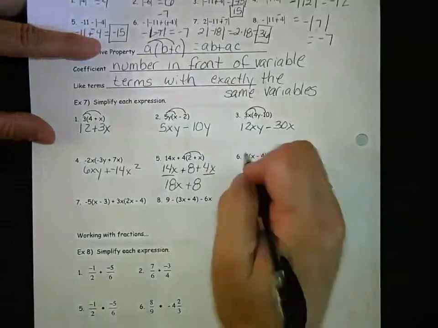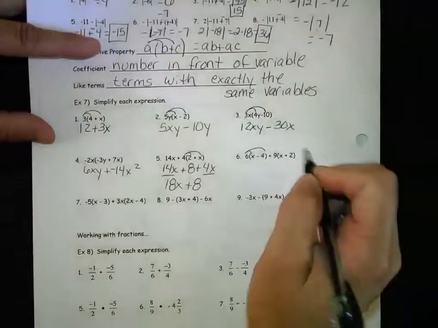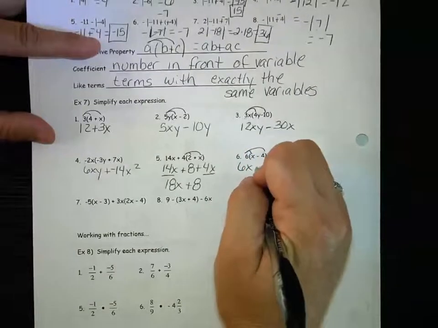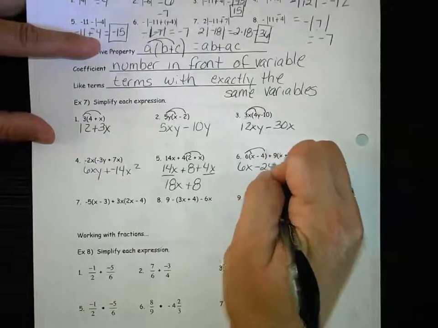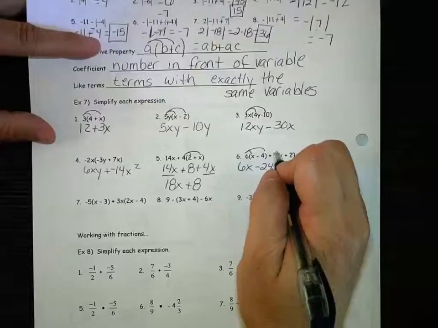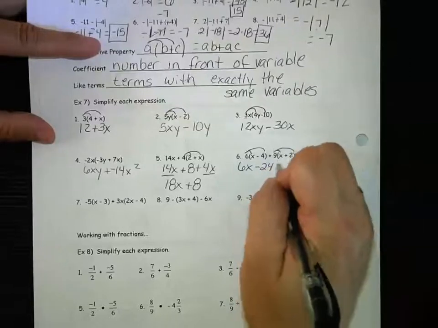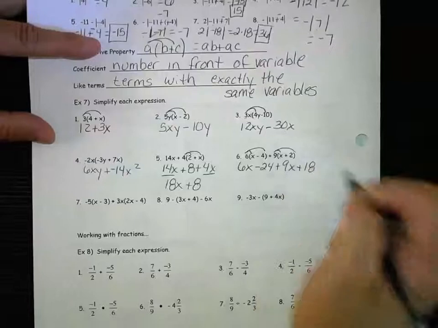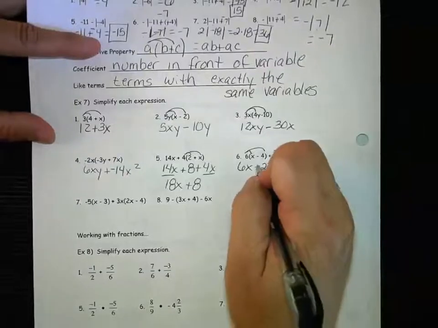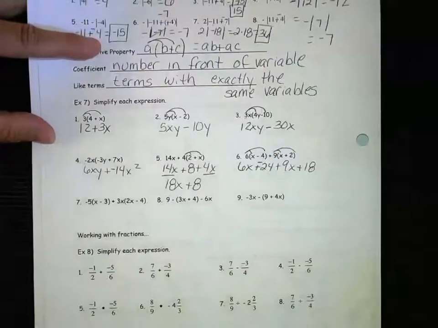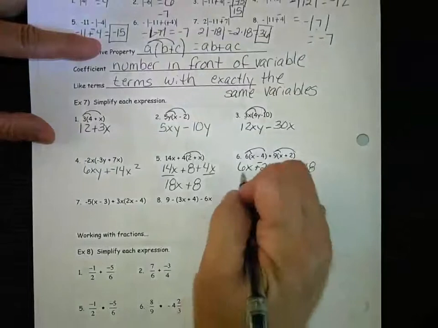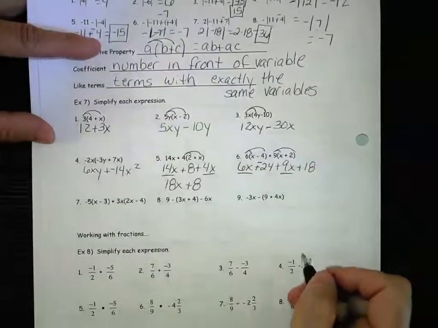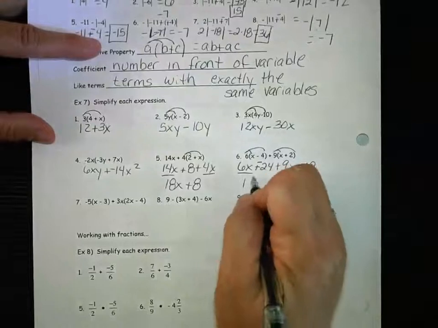Number 6, when you distribute, you will have 6x minus 24. Second distribute here, 9x plus 18. I'm going to zip zap that. 6x and 9x, 6x plus 9x is 15x.